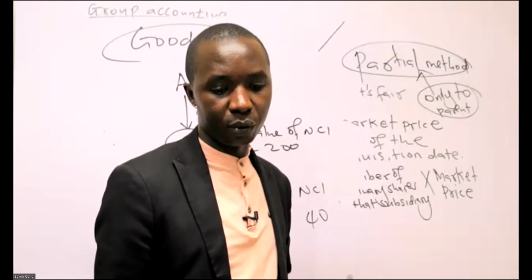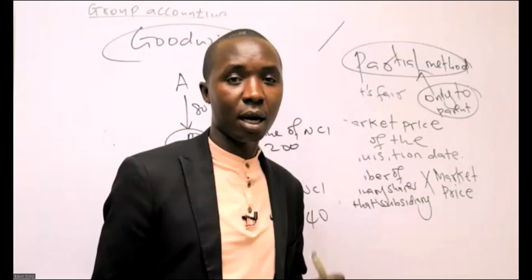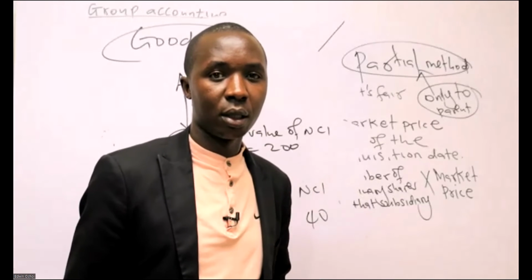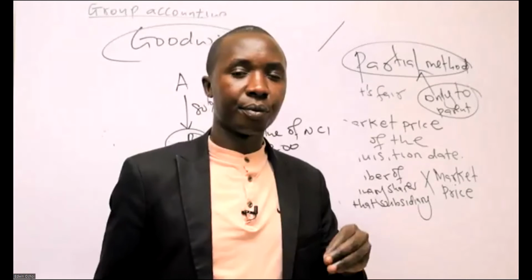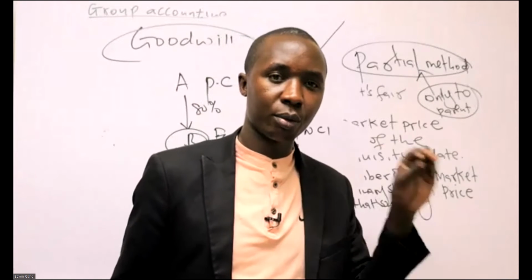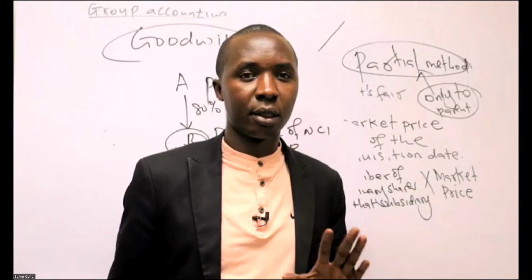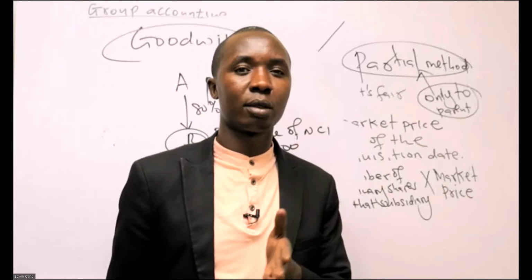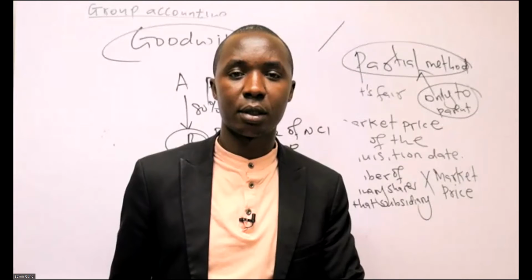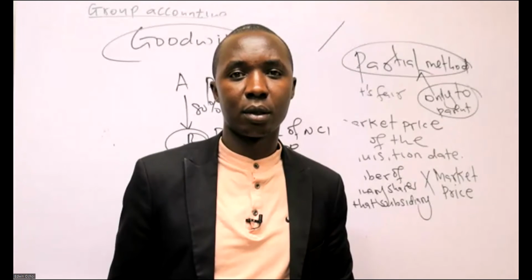For the illustration of goodwill, I will address that when I do an equation. For now, you have understood in which scenario you use the full method and in which scenario you can use the partial method. When we come to a 20 marks question, I will start from that goodwill, then do the income statement and the statement of financial position.